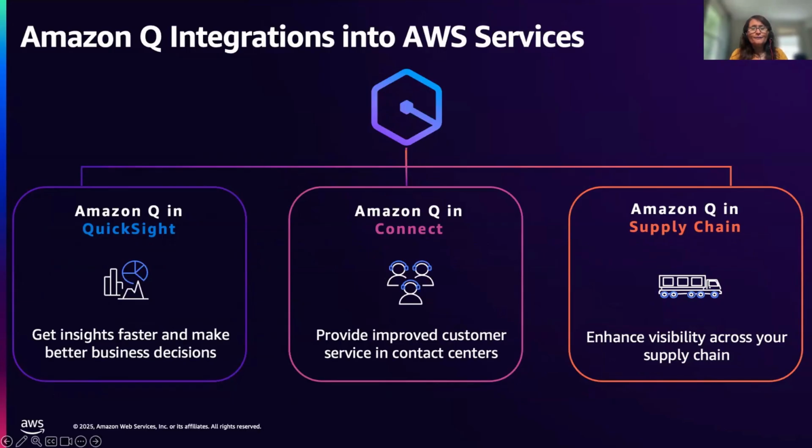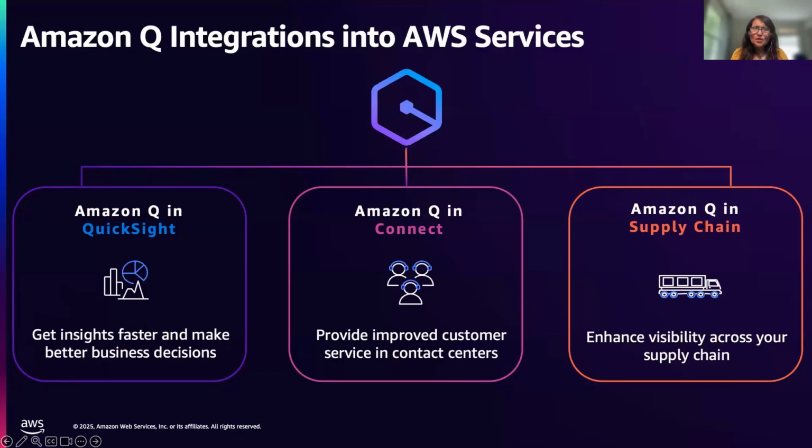And if you're running a call center using Amazon Connect, you can use Q in Connect to deliver suggested responses to the agents and take actions a lot quicker. The end goal is providing a faster resolution to issues and improving customer satisfaction. And if you're using supply chain, you can use Q in supply chain to enhance your visibility across your supply chain.